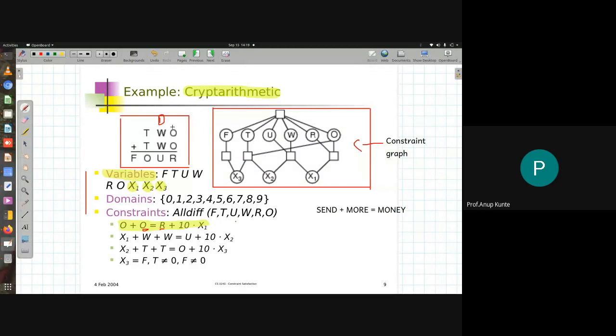So I may have a carry generated when I add O and O. I may have a carry when I calculate W plus this carry. And I may have a carry generated when I add this second carry along with these two T's to get this O at the unit place, and that carry is this one. So there are two carries that may get generated in this whole calculation, right? So I may need to represent those carries.